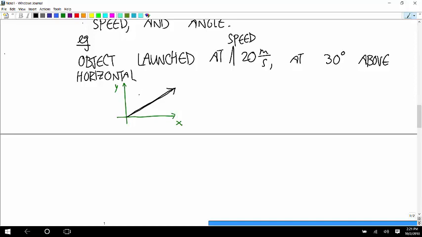It has a magnitude of 20 and makes an angle of 30 degrees above the horizontal.